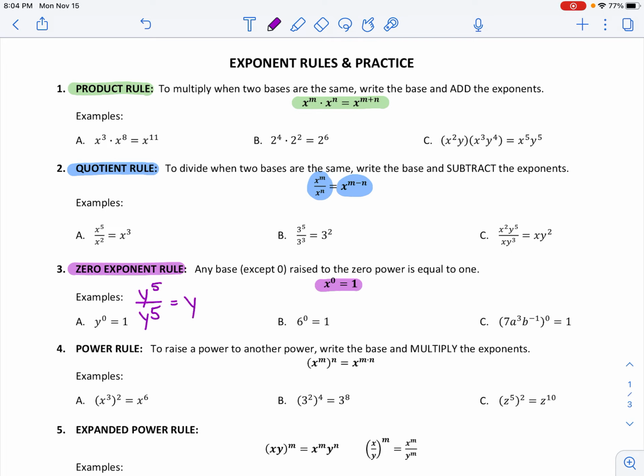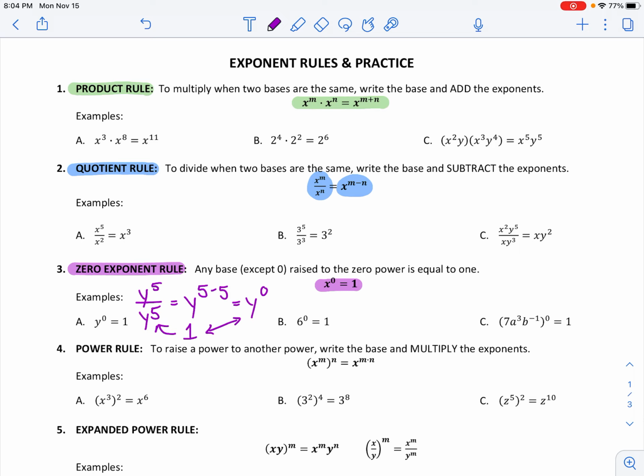We know that that's y to the 5 minus 5, which is y to the 0. But we also know that anything divided by itself is 1. So that's why these two things are equal to each other. Okay? So any non-zero base raised to the 0 power will come out to 1. You'll talk about 0 to the 0 power when you get to calculus.